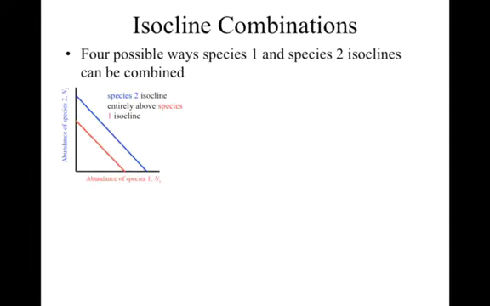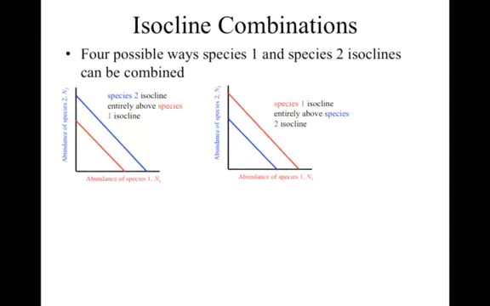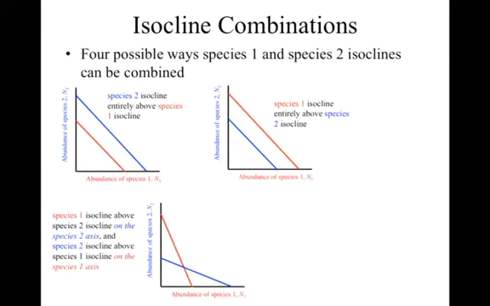First, we can have the species 2 isocline lying entirely above the species 1 isocline. Second, we have the species 1 isocline lying entirely above the species 2 isocline. And then we can have crisscrossing figures. First, we can have the species 1 isocline above the species 2 isocline on the species 2 axis, and the species 2 isocline above the species 1 isocline on the species 1 axis.